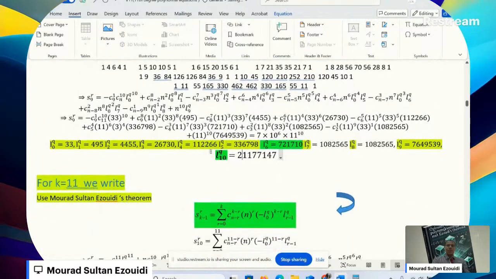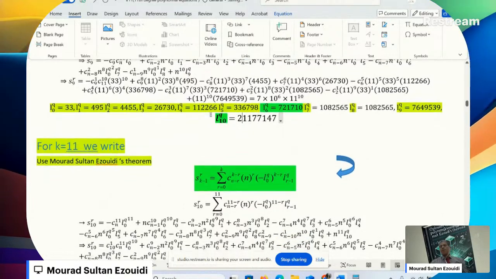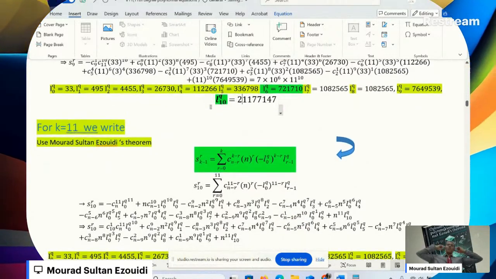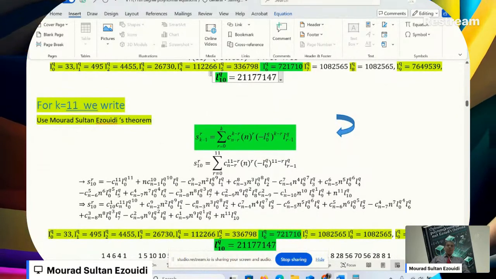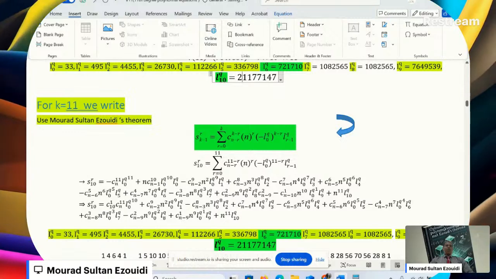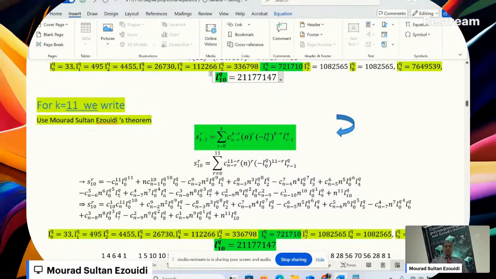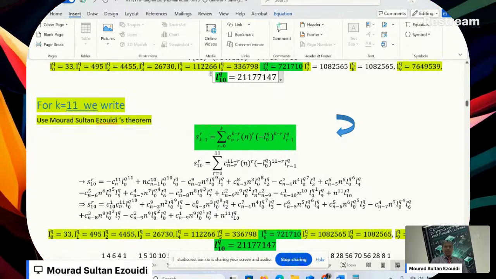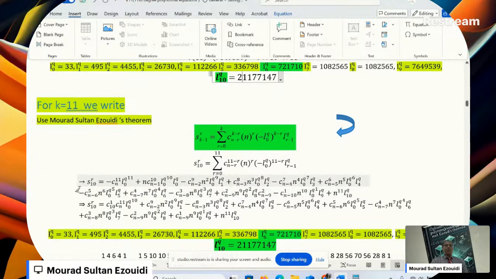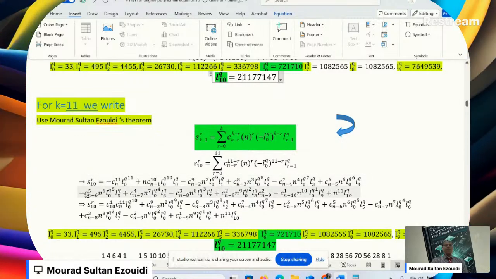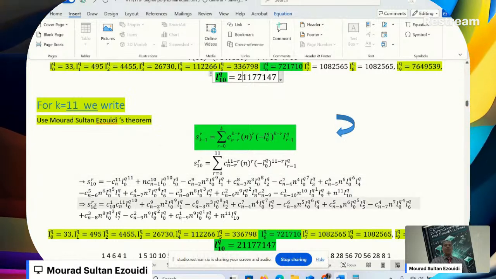Now in order to find the 11th coefficient of your 11th degree equation that corresponds to the original equation, we should put k equal 11 in Ezouidi theorem. And here, Professor Mourad Sultan Ezouidi explained that S10, the 11th coefficient, is given by this formula.